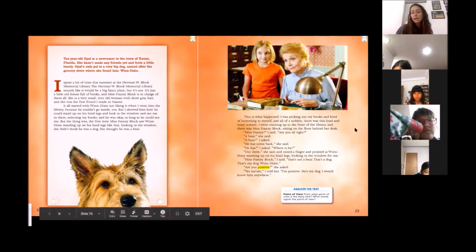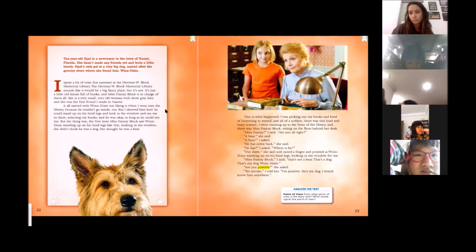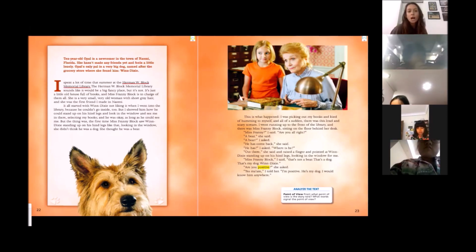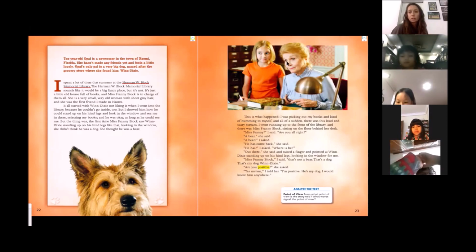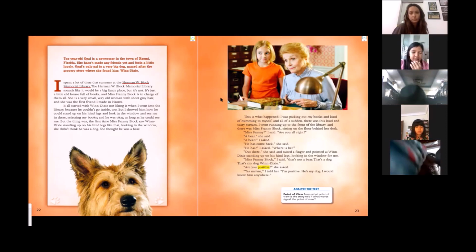So what is the setting of this story? Feng Ling, where does this story take place so far? Do you see a setting or a place? I think it takes place at the library. Yeah, what's the library called? The Herman W. Block Memorial Library. So, is the library a place we could find in real life, Hongmi? Yes, library. Yes, got it.